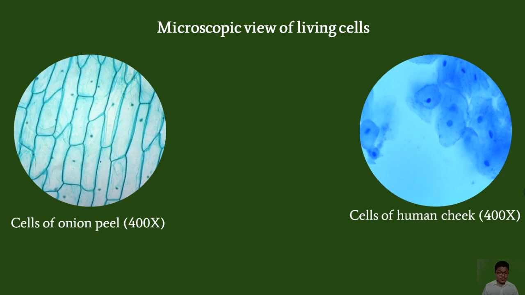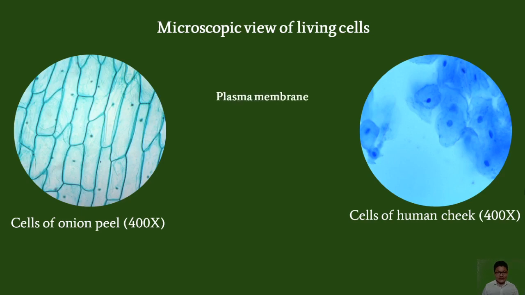The first one shows cells of onion, observed at 400 times magnification, and the next one is of human cheek cells observed at 400 times magnification power. Now if you observe these two images, you're able to find some similarities.